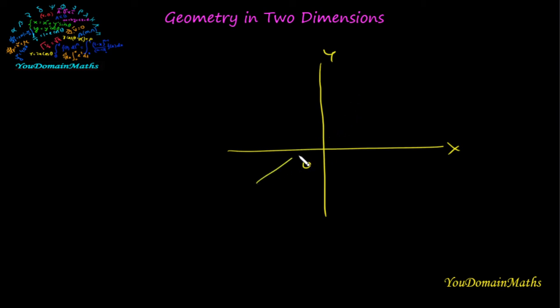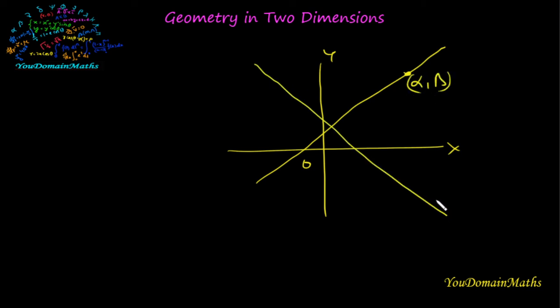If the x-axis and y-axis intersect at a point perpendicularly, and the focus is (alpha, beta) and the directrix of the parabola is ax plus by plus c equal to 0, then the shape of the parabola is in this shape.